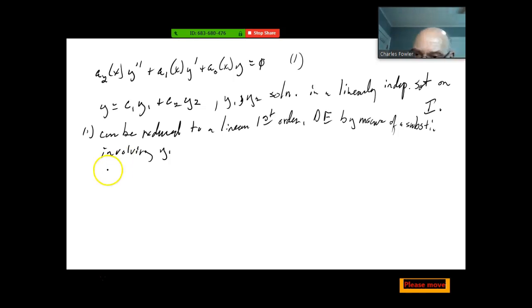The second solution, y2, is apparent after that first order differential equation is solved. And this process is called reduction in order. You go from a second order down to a first order. So let's just suppose that y1 is a non-trivial solution of 1.